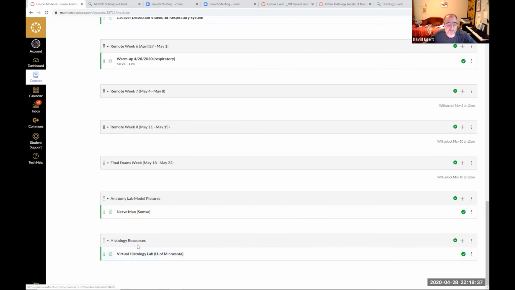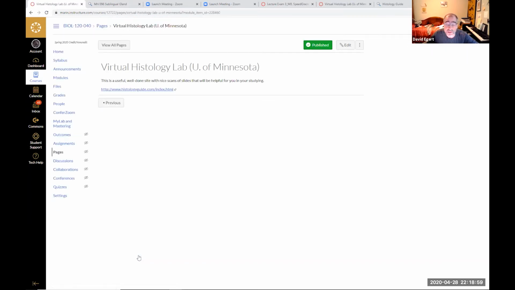Under the histology resource I have at the bottom, where it says virtual histology lab, they have some pretty nice slides of the digestive tract. What I like about these is it's more of a real experience of starting at low magnification and zooming in, so you can see the larger overall structure, but also the details of it.